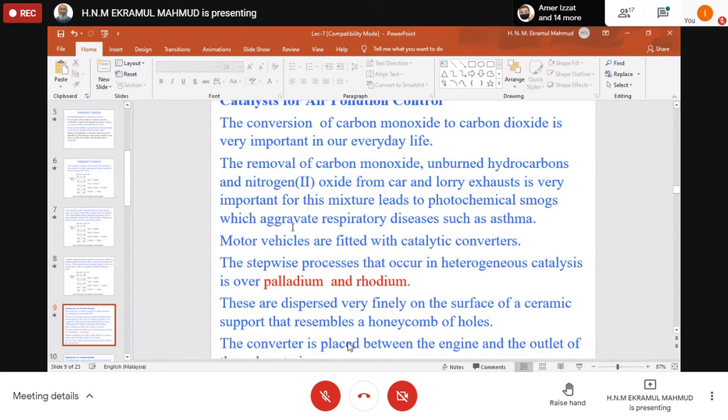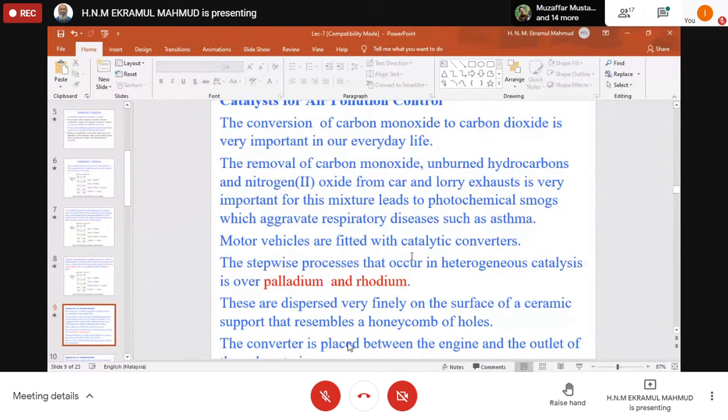Do you have a catalytic converter in your motorcycle? Can anybody confirm? Fast answer, please. Maybe the very costly motor vehicles have them, because it costs more.